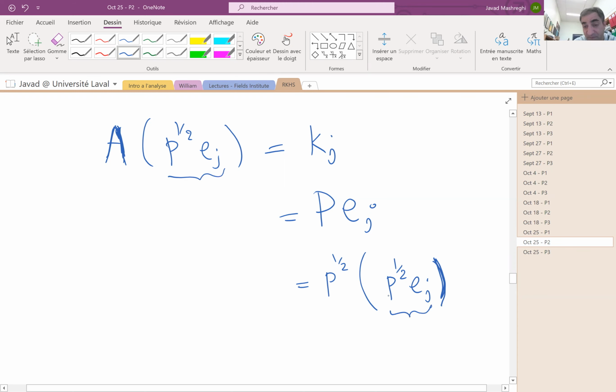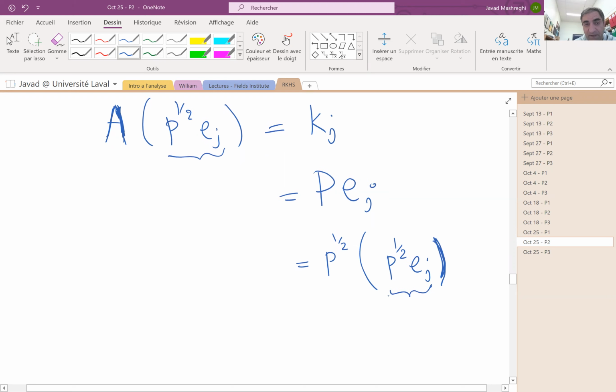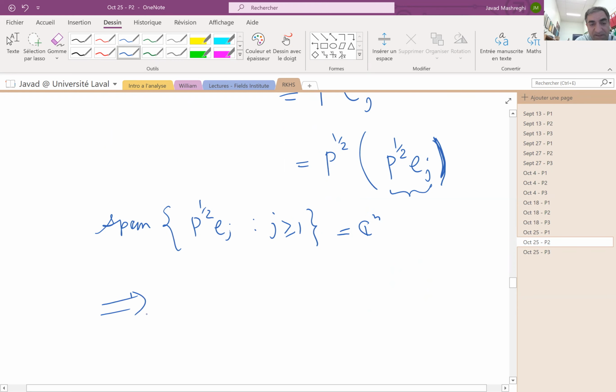But these elements, because P is invertible, they span, the set of P^(1/2) e_j is C^n. So this immediately implies that A, which was unknown to us when we defined it, is indeed equal to P^(1/2).